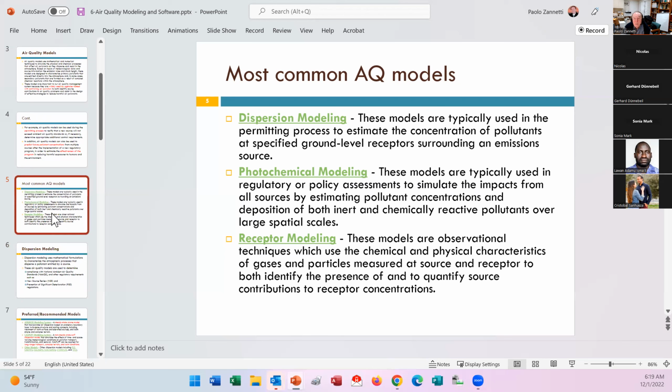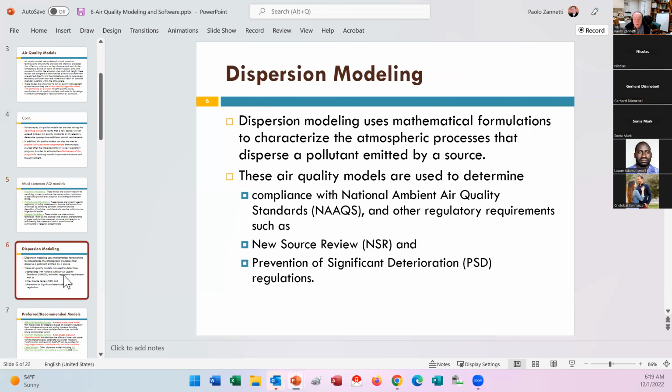So these are the main groups: dispersion, photochemical, and receptor.